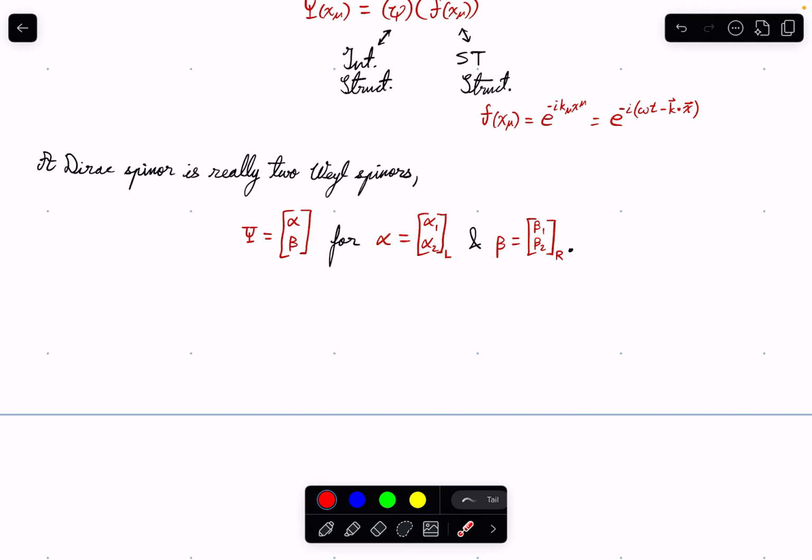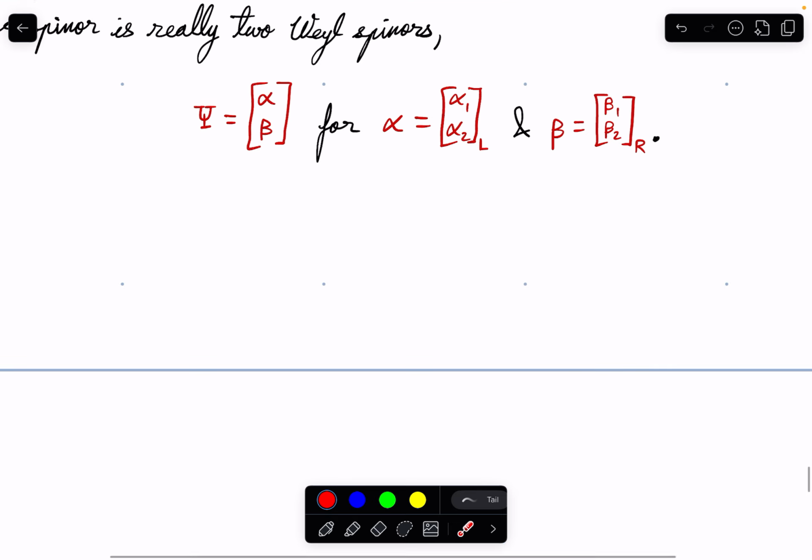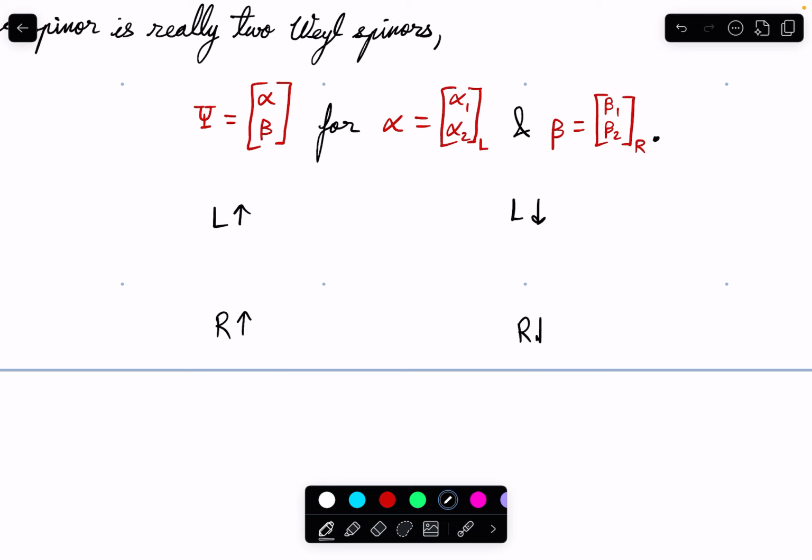And then the components will actually vary, you can pull out the space-time structure as coefficients. So you can get that for a left-handed particle that is spin up, and for a right-handed particle that is spin up, you also have a left-handed particle that is spin down and a right-handed particle that is spin down. Let's just put these across.